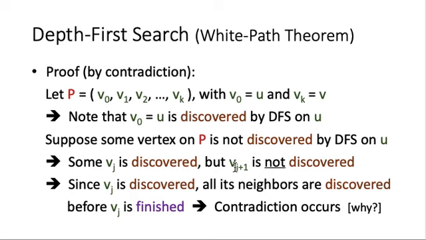Then in that case, it is impossible that Vj+1, which is a neighbor of Vj, is not discovered. So in that case, there is a contradiction. Okay? So that means that all along the path from U to V, if it is formed by only white nodes, then all the vertices will be visited by this DFS starting at U.